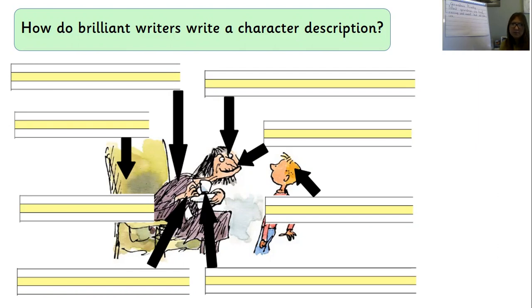We just don't want small or big. Can you think of some more interesting words? Maybe knobbly knees or grimacing face. See what interesting words you can think of.